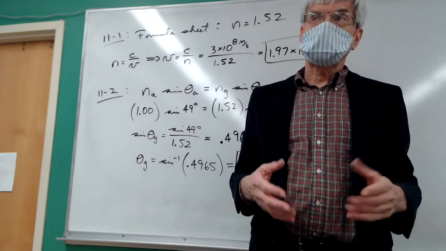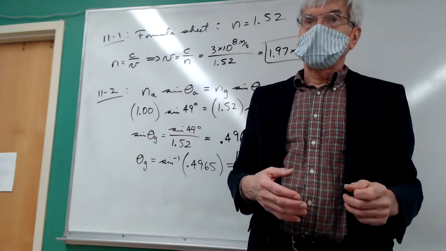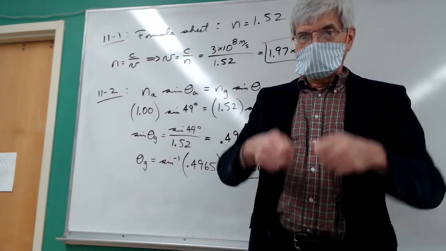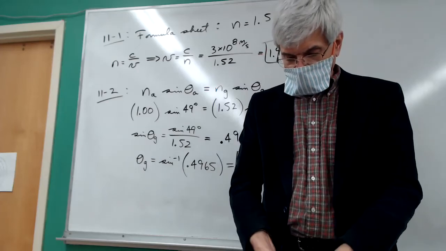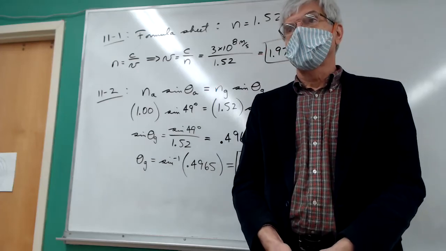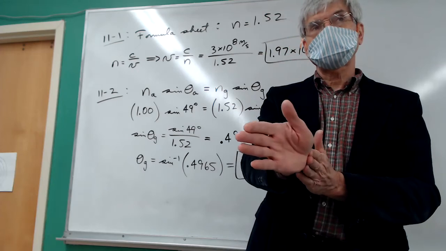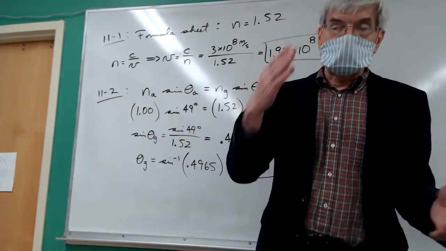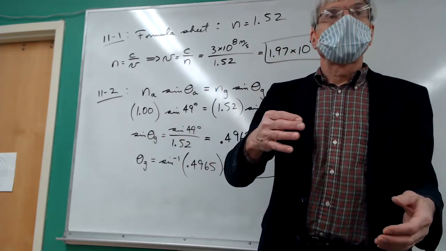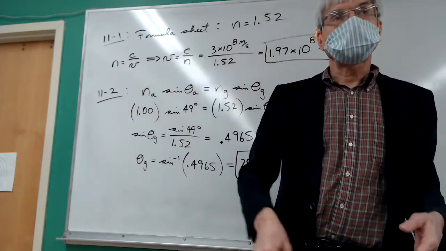And it's kind of the same thing that light's doing here. If the light is fairly close to perpendicular to the surface, it'll go through. If it's at a shallow angle to the surface, which would mean a large angle measured from a normal, then it's going to skip back into the material it was already in.